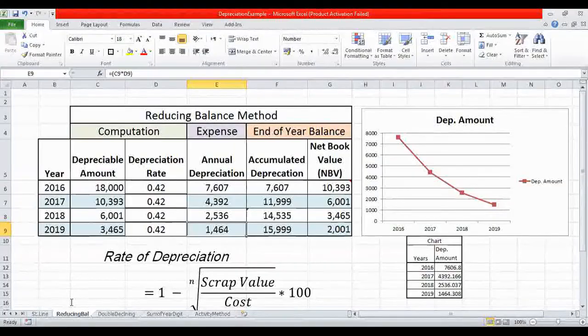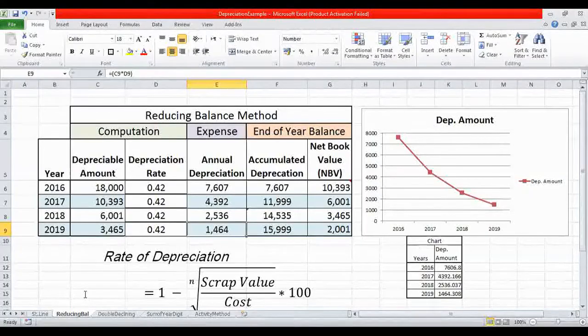The reducing balance method is basically used on those property, plant and equipment where we feel that we are going to use them more in the earlier part of the useful life of the asset, and we are going to use these machines, property, plant and equipment less at the end or the later years of the useful life of the asset. So this is reducing balance method.